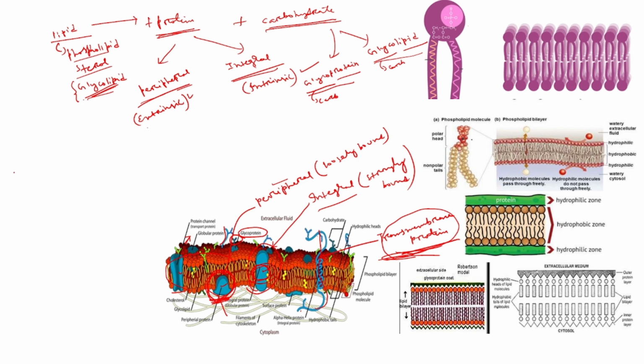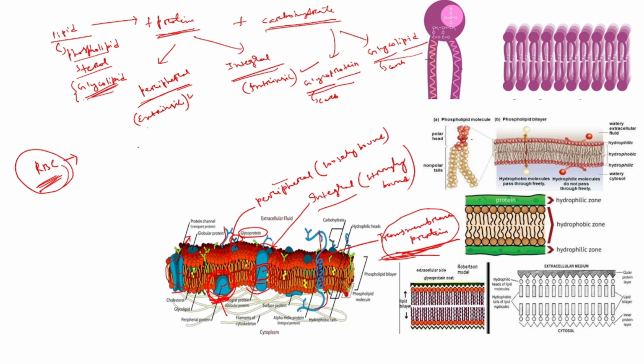Now, in different cells, different compositions of lipid, protein and carbohydrate are present. And the exam always asks about the constituents or composition of lipid, protein and carbohydrate in the RBC. Why is it asked about the RBC? Because the first discovery of the plasma membrane was done in the RBC.